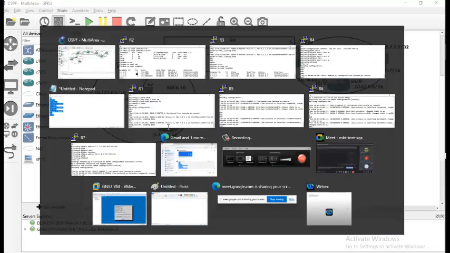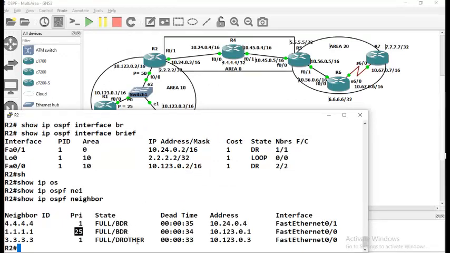Sorry, what am I saying? Here we have said 25. Router 2 is the DR and router 1 is the BDR. That is correct. What about router 3? Router 3, we did not set any priority. So it cannot be a DR or BDR. So it is DROTHER.